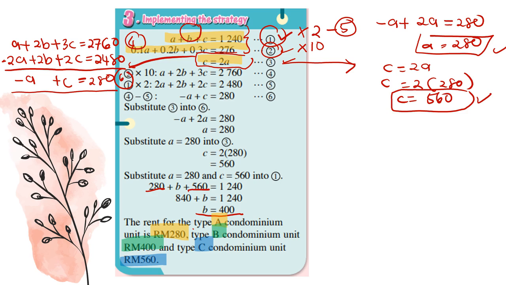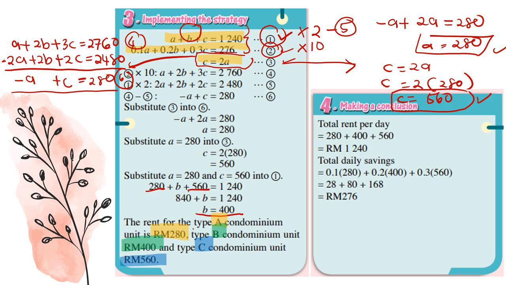So this is the solution. Okay, you can check your answer for the values of A, B and C. From the statement that mentioned the total rent, which is A plus B plus C, is 1240. 1240 was already mentioned in equation number 1.